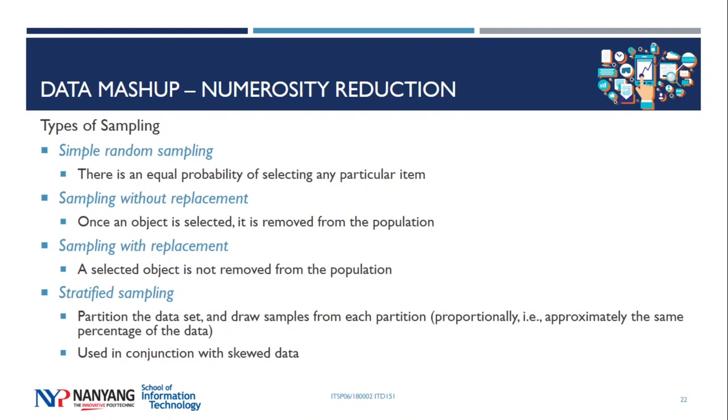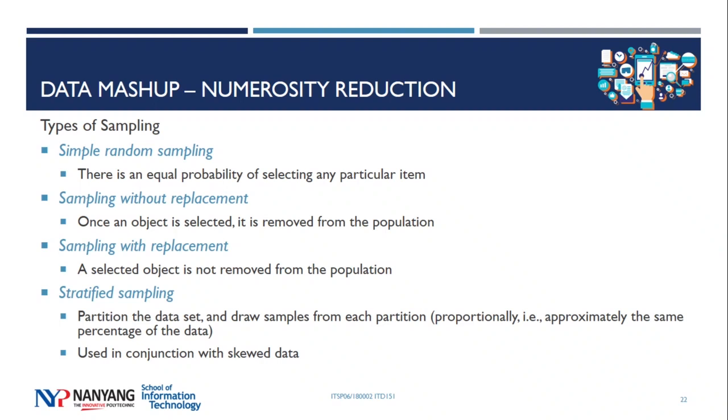So there are different types of sampling. First, simple random sampling, where for example, in a class of 30 students, every single student has an equal chance of being chosen.